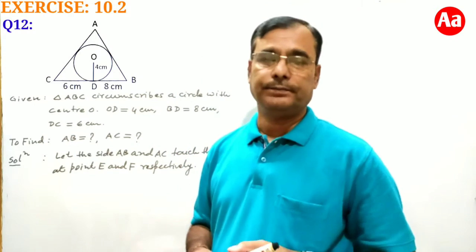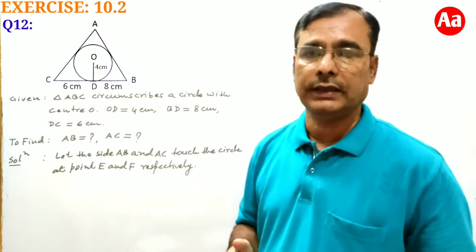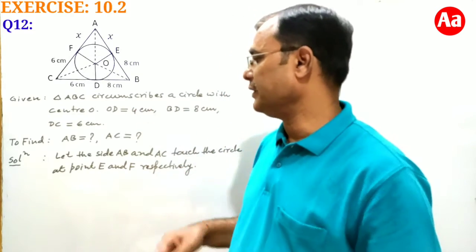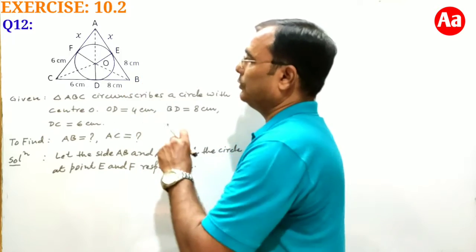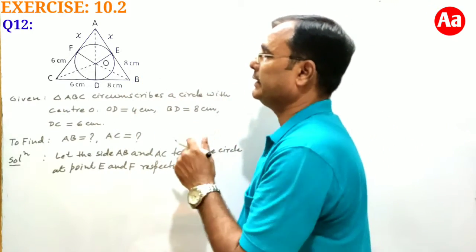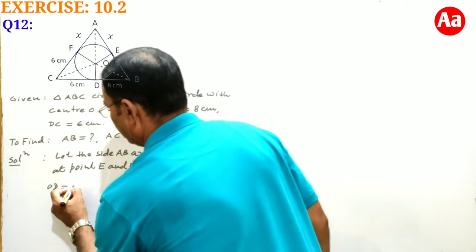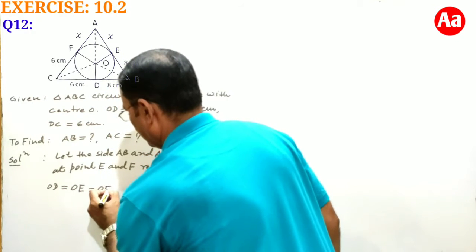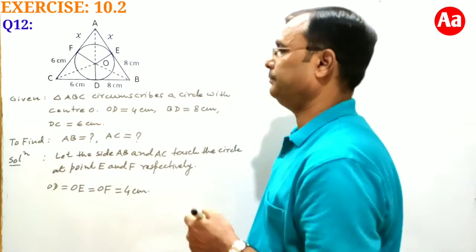Now join OE, OF, OA, OB and OC as shown in this figure. OD, OE and OF are radii of the circle. So OD equal to OE equal to OF equal to 4 centimeter.